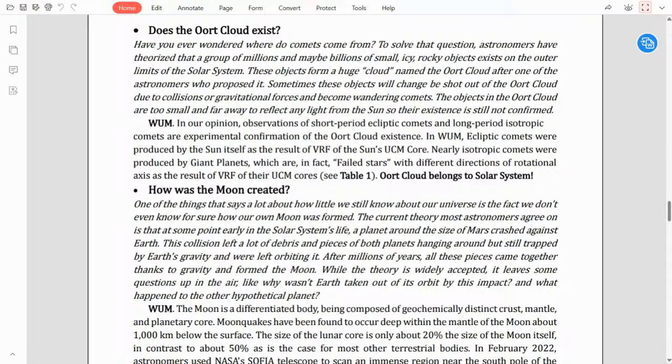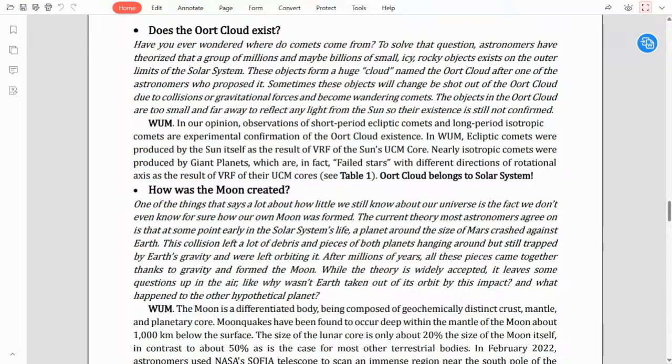In our opinion, observations of short period ecliptic comets and long period isotropic comets are experimental confirmation of the Oort cloud's existence. In our model, ecliptic comets were produced by the sun itself as the result of volcanic rotational fission of the sun's UCM core.